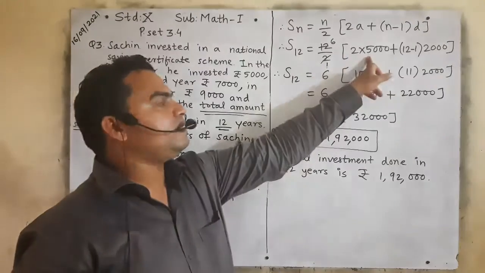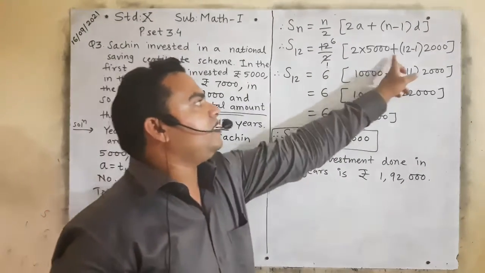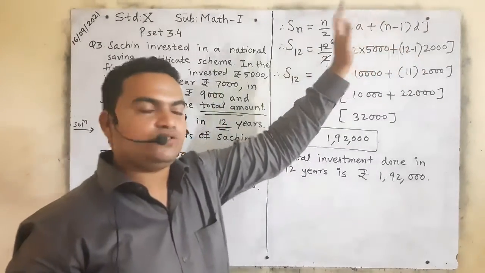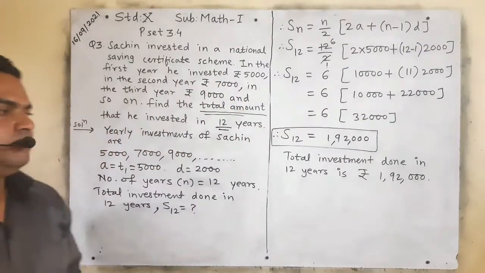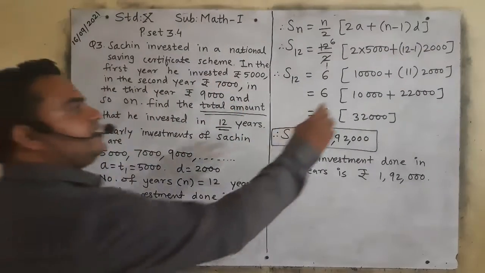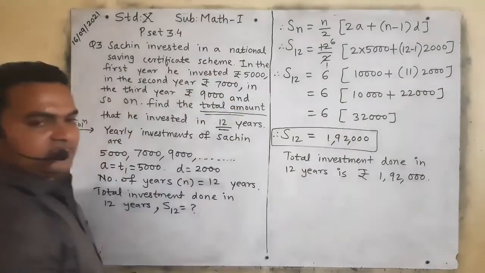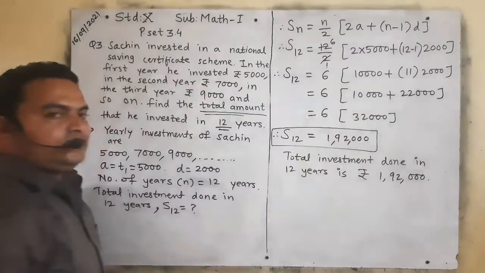So 2 multiplied by 5,000, that is double of 5,000, it means 10,000 rupees. Plus 12 minus 1, 11, and the difference is 2,000. So 11 will multiply to 2,000, there will be 22,000 rupees. Is it clear? So here 10,000 and 22,000 will be 32,000.